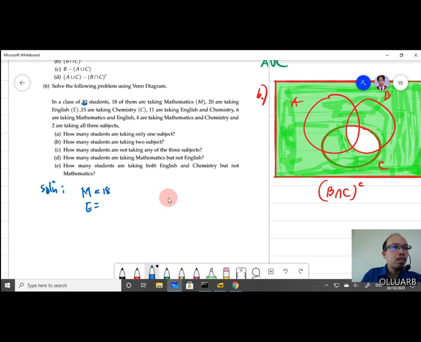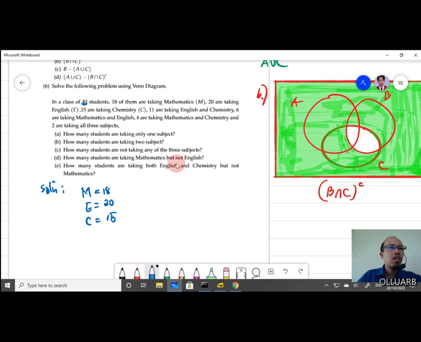English is E, 15, and then chemistry is 50. Sorry, this is 20. This is 20 and this is 15.